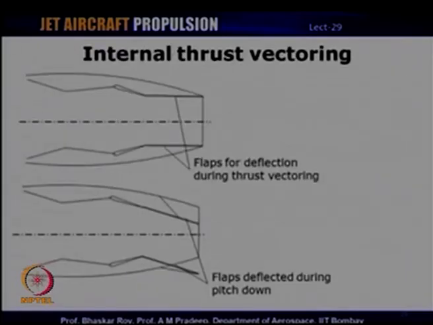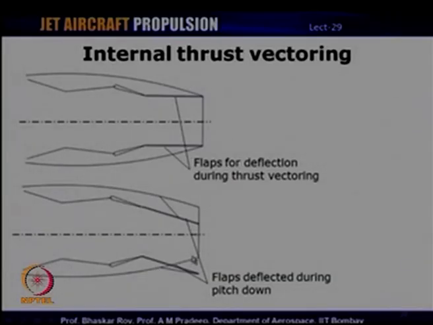Now, in internal thrust vectoring, the jet exhaust flaps can be deflected in some way or the other, resulting in change of orientation of the jet exhaust and therefore a vectored thrust. So, these are the flaps of the exhaust nozzle which can be deflected for vectoring the thrust.